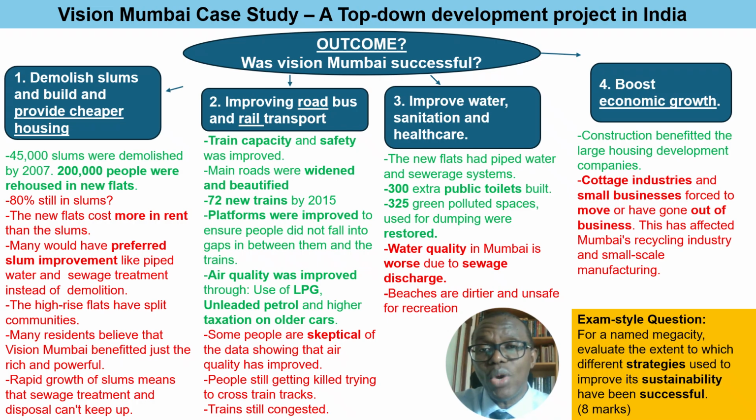So the exam question reads as follows. For a named megacity, evaluate the extent to which different strategies used to improve its sustainability have been successful. So this is an evaluation question, and you are looking at these strategies that were used, and you are thinking about the extent to which they were successful or were not.